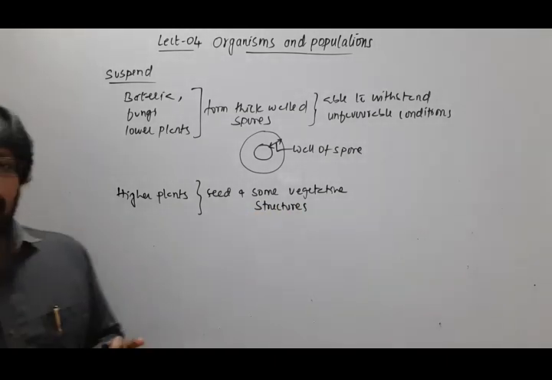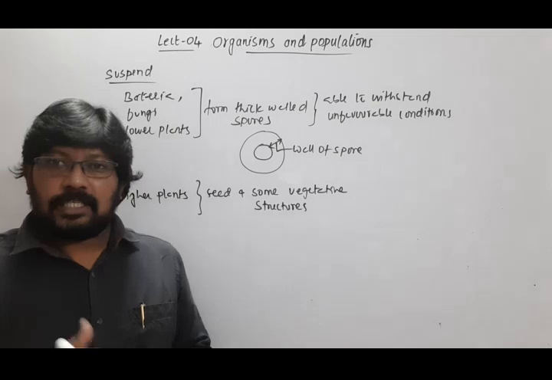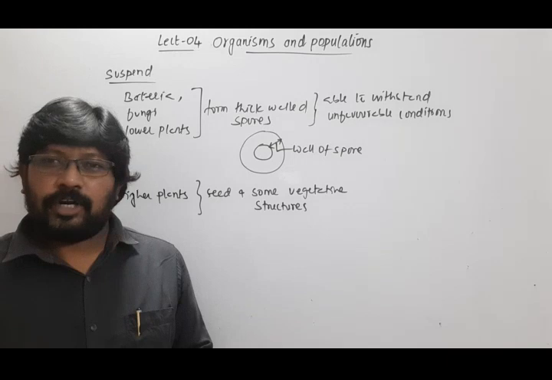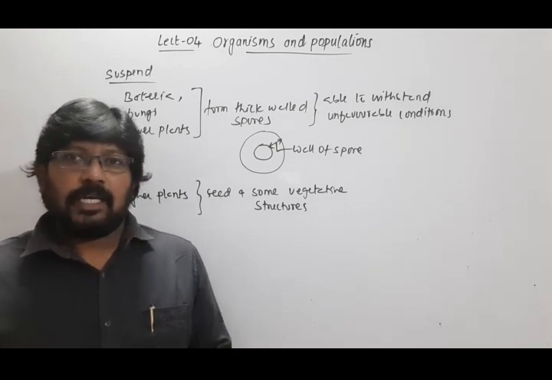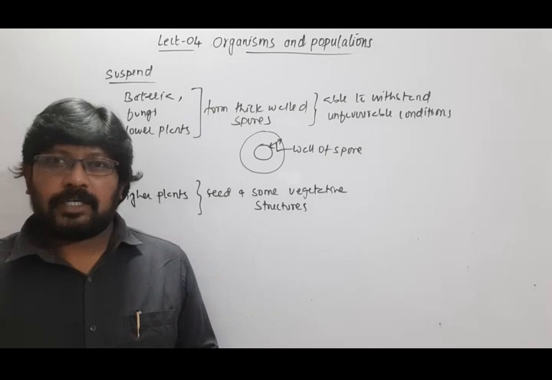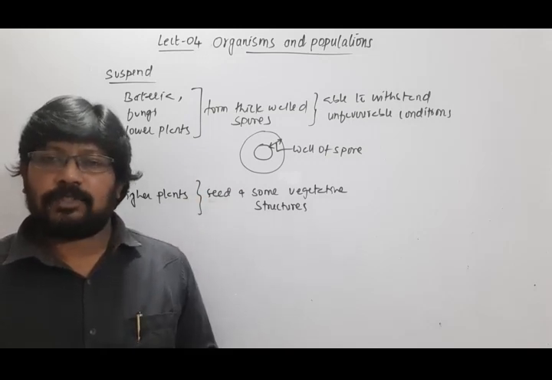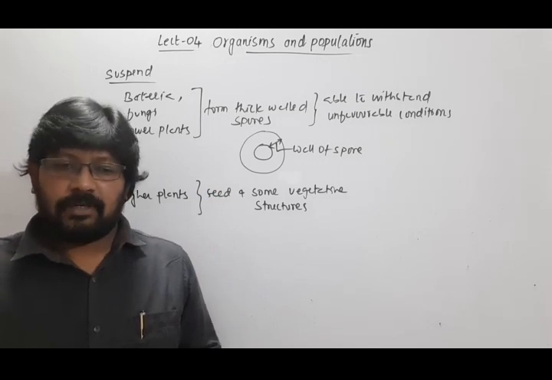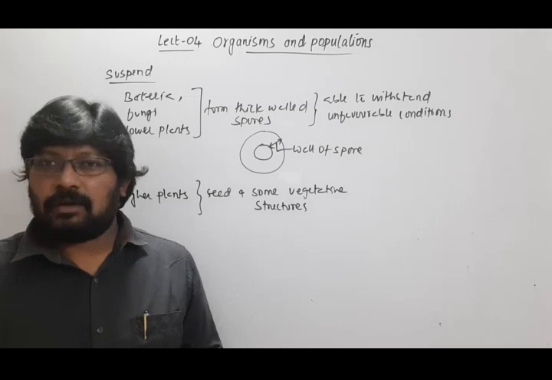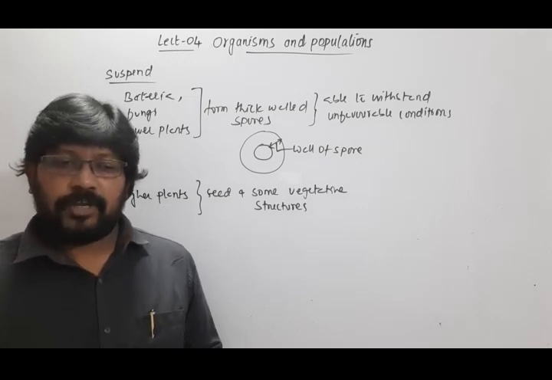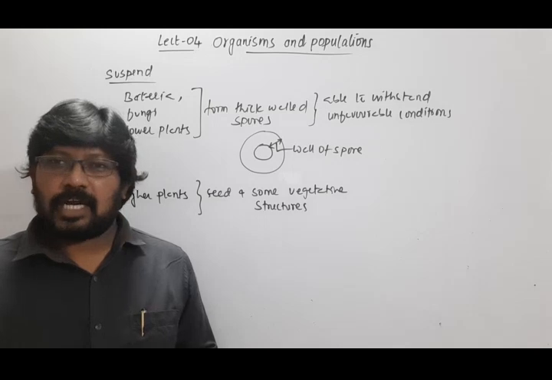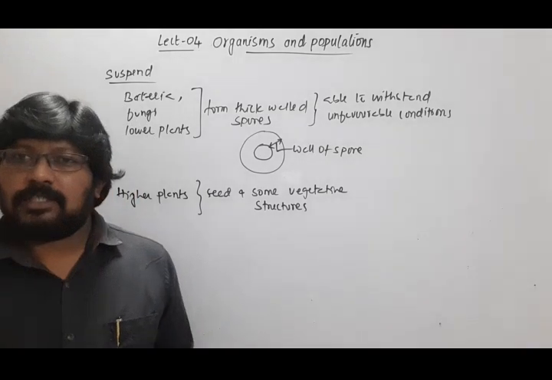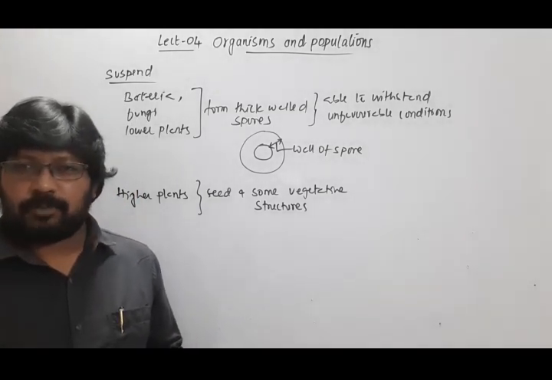In the case of root tubers, they will be loaded with a lot of reserve food materials, and if the conditions become so hot that even the whole plant on top of the soil dies, the root will survive. That tuber will survive in the ground for a very long time, and once the conditions become favorable, this root tuber will start sprouting.